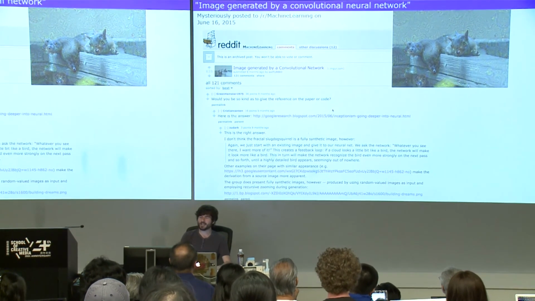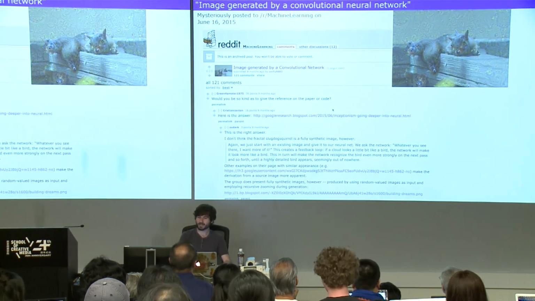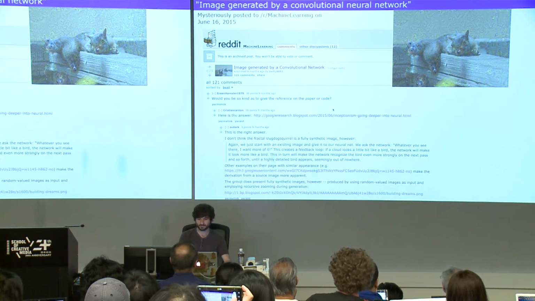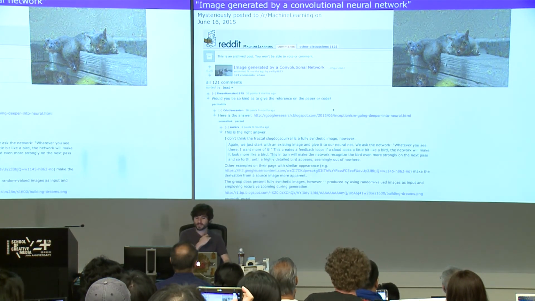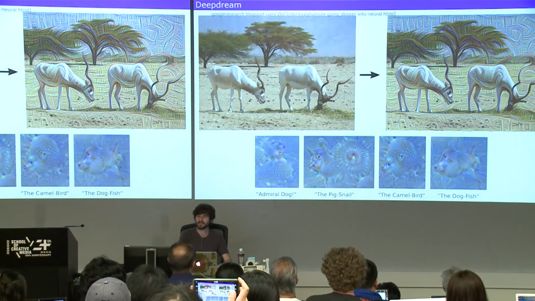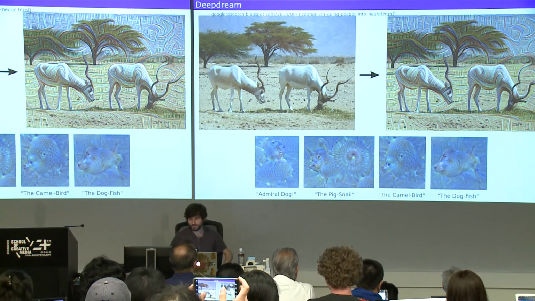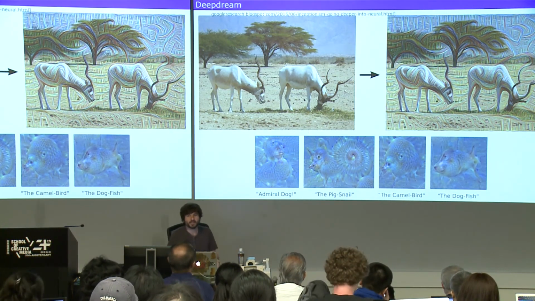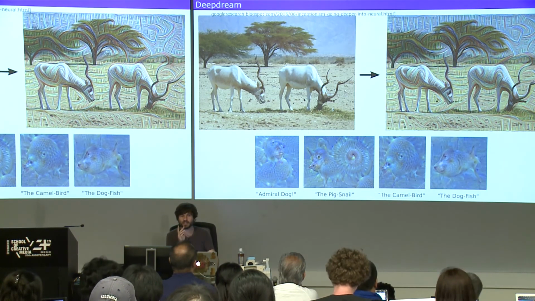And actually it turns out they never figured out who did it. It was some employee at Google who leaked it anonymously. Anyway, a few days afterwards, Google released that blog post, this one, and they described this technique called Deep Dream.